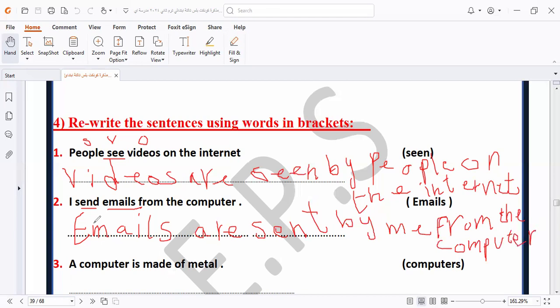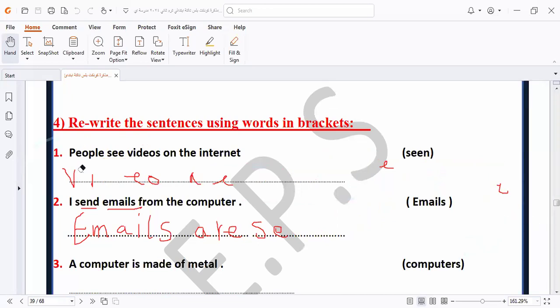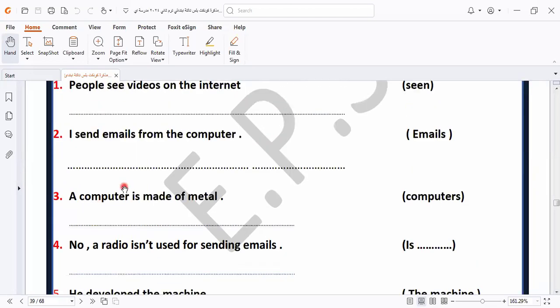I will tell you this orally, and you can do it in writing as homework. We have a computer.